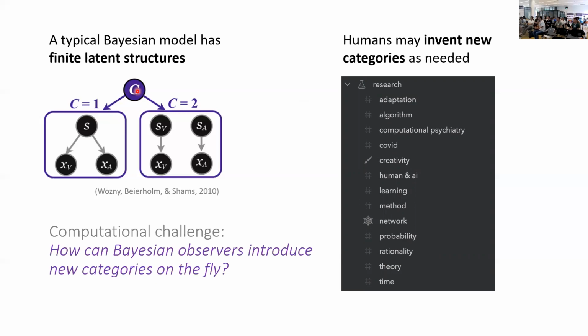The computational challenge here is how can Bayesian observers introduce new categories on the fly? The typical one was you have a finite number of categories.